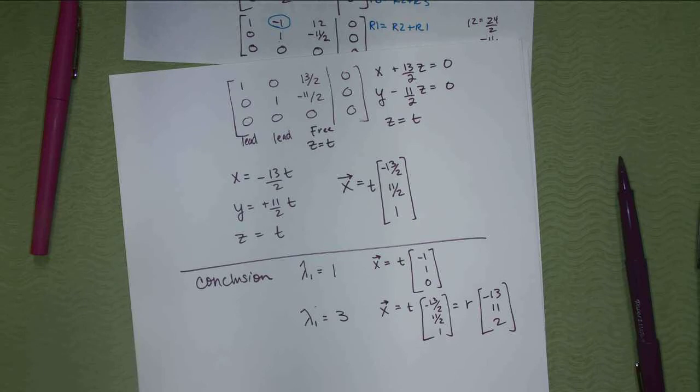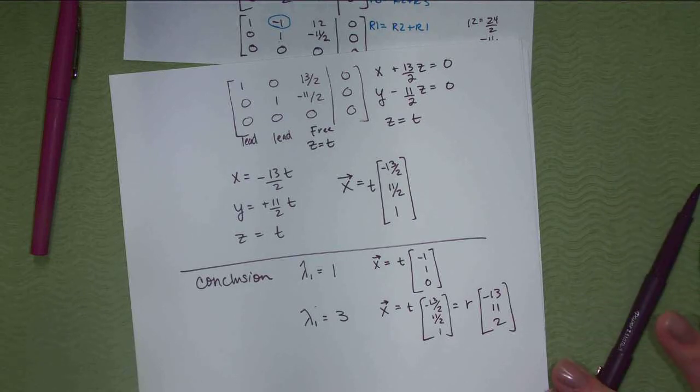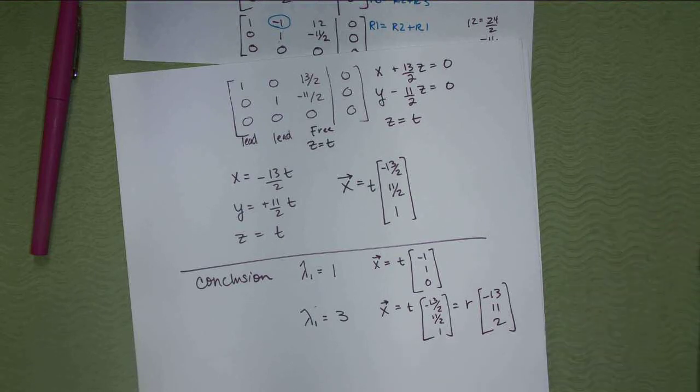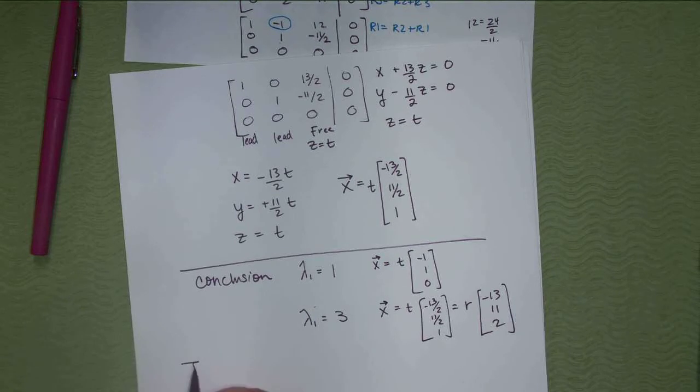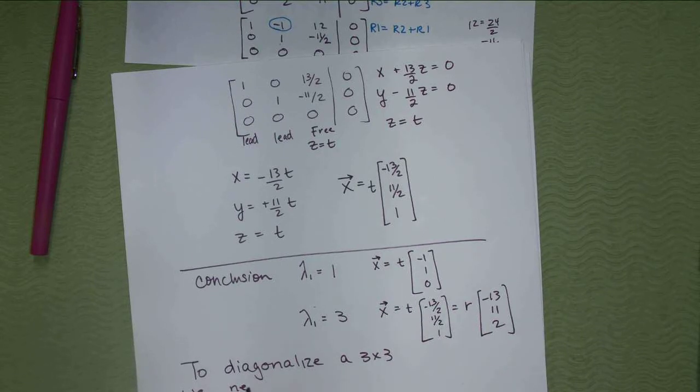Now, the question was to diagonalize. It wasn't to find the eigenvalues and vectors, which is what we just did. If it asked for that, we would stop, we found them. To diagonalize, though, what has to happen? At 3 by 3, we need 3 distinct, linearly independent eigenvectors, meaning it can't be a multiple of each other.